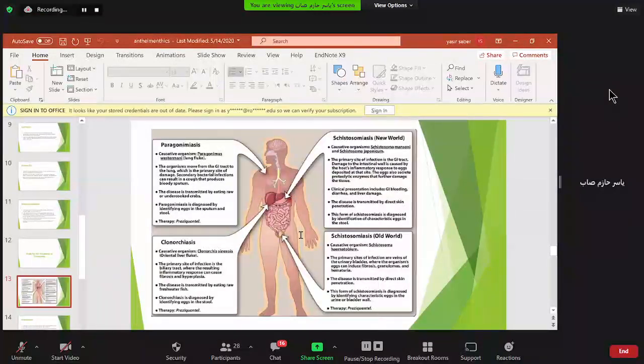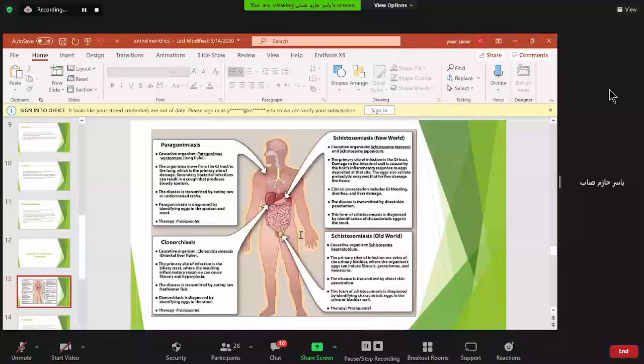The clinical presentation عادة تكون GIT bleeding, diarrhea, and liver damage. The disease is transmitted by direct skin penetration, and this form of schistosomiasis is diagnosed by identification of characteristic eggs in the stool.